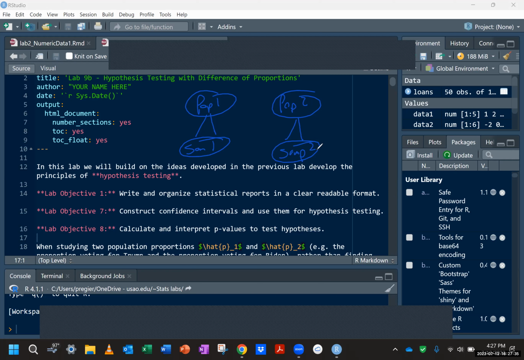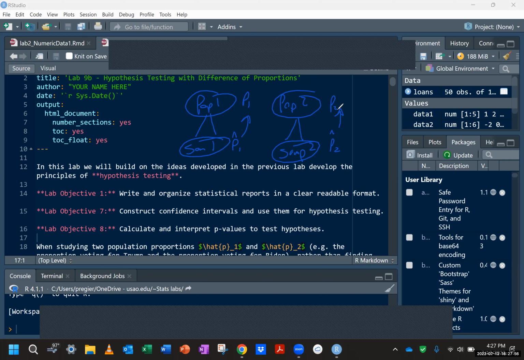And so we want to say, is there a difference between these? Are these samples the same? So we'll call this sample proportion. Again, we're sampling proportion, number of successes. We'll call that P1, and we'll call this one sample P2. And we want to know, how well do these represent the actual population parameters P1 and P2?